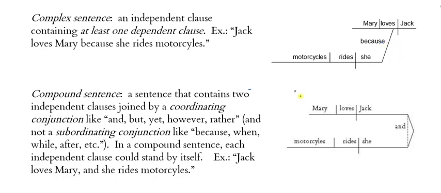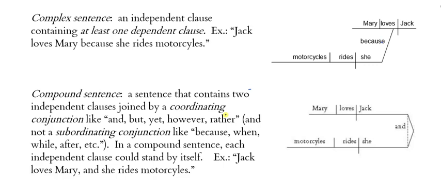A compound sentence. What about these? A sentence that contains two independent clauses joined by a coordinating conjunction like and, but, yet, however, rather, and not a subordinating conjunction like because, when, while, after, etc. That is to say, when you have a coordinating conjunction, you are joining two grammatically equally ranked sentences or clauses together.